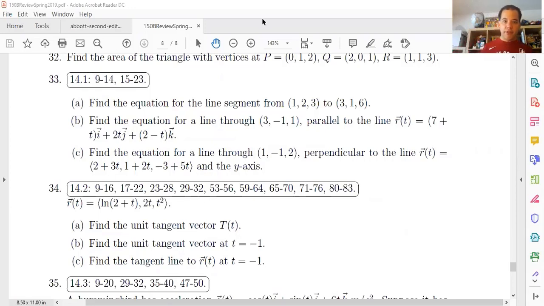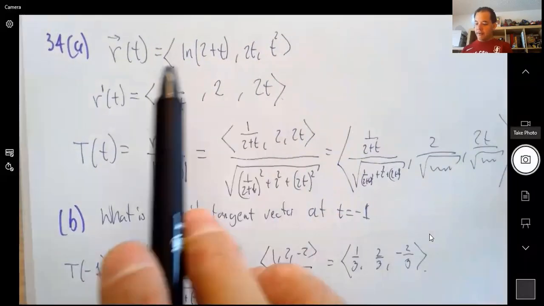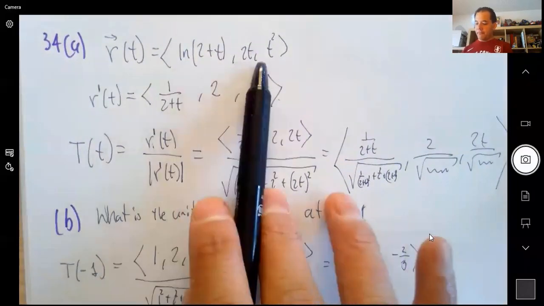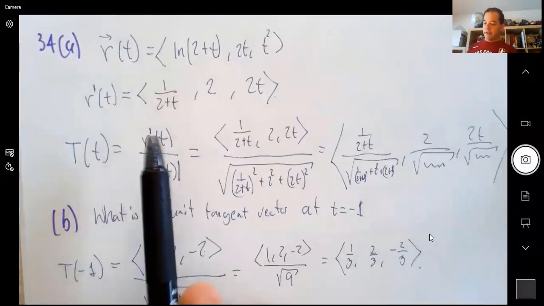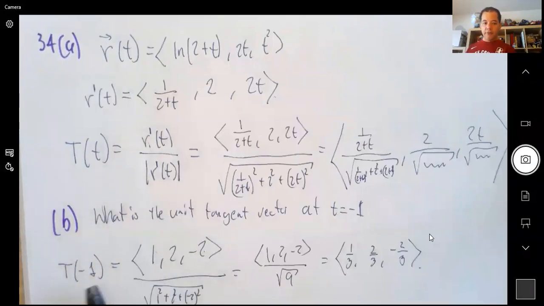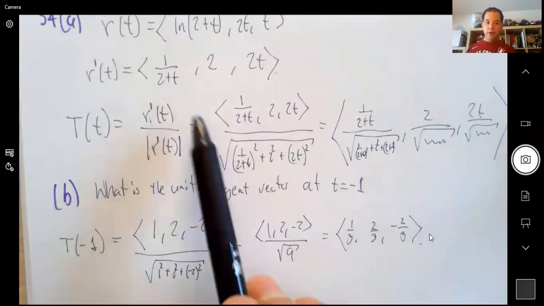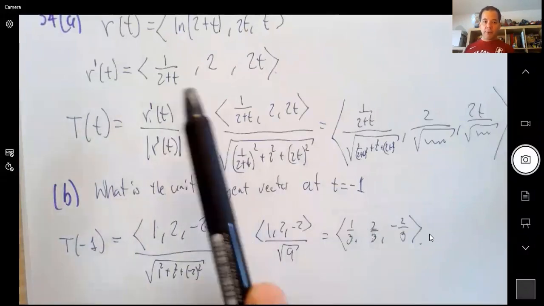I'll put it on the screen. So we first calculated the derivative, and then the unit vector is simply the derivative divided by its magnitude. So right here for 34B, I simply plugged -1 in here. So we wanted it at -1, so plug -1 here.